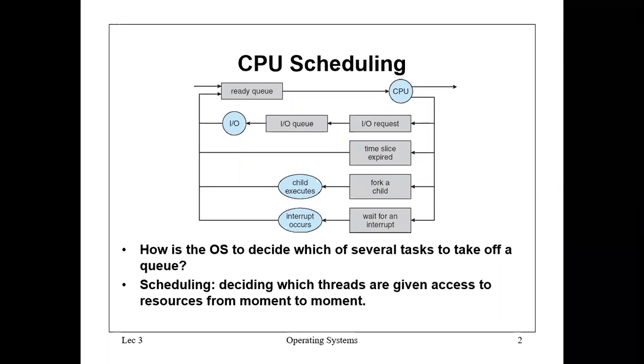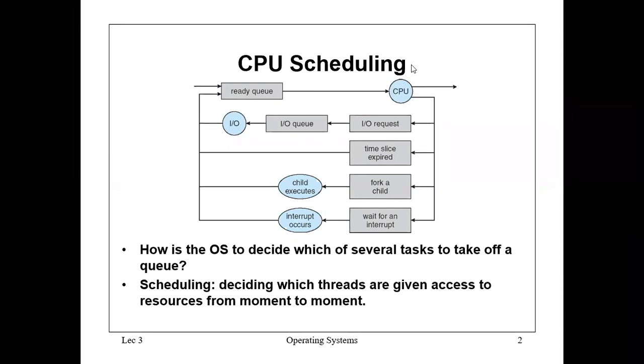There is another thing that we haven't discussed, that is time slice expired. What does this mean? You have allocated a program 5 minutes of CPU time, and the 5 minutes is over. So there are various reasons for which a process that was in the CPU, the diagram starts from here, can go back.